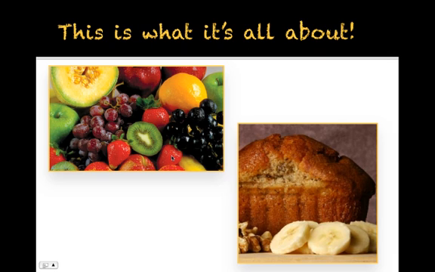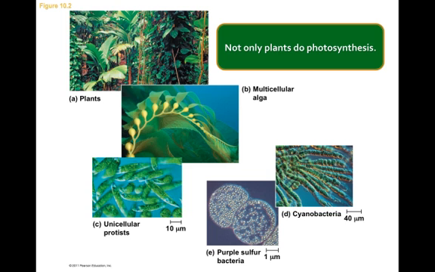So this is what it's all about. You have simple sugars, which would include things like fruit sugar, which is fructose. It also includes things like sucrose, which is like table sugar. It makes complex carbohydrates like what you see this banana bread being made of. So again, that's the whole point of photosynthesis, is really to make energy not only for the plant but also for the animals that rely on the plants.